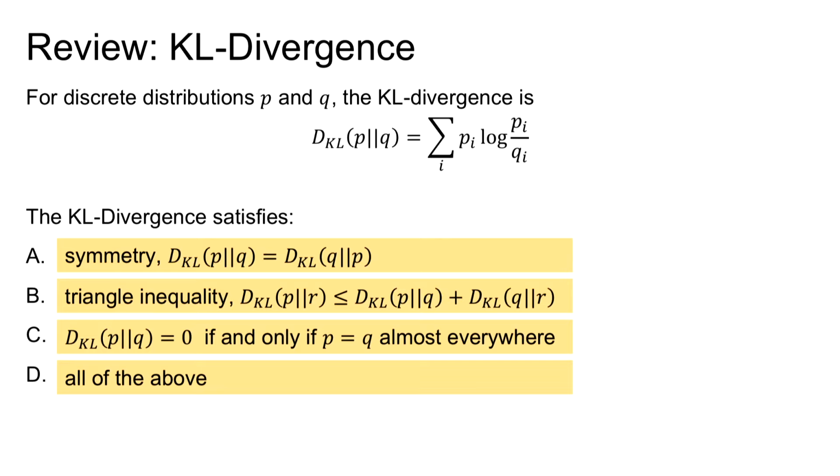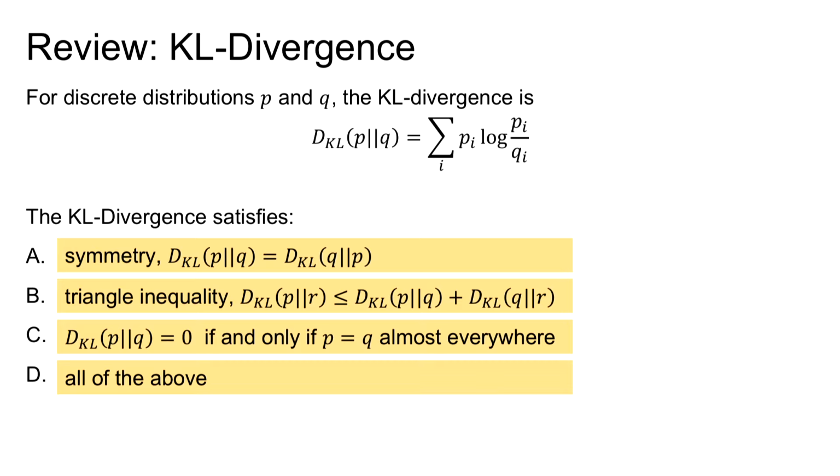Now, KL divergence, hopefully most of you have seen it before, but just in case, if you could grab your clicker. Hopefully most of you remember this from 189 or some other probability course. We'll review it quickly here, but it's going to be cropping up again in various places in the course. So let's take a simple case where we have a discrete probability distribution, so there's only one index.